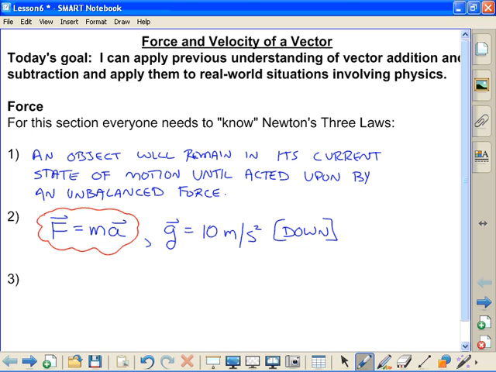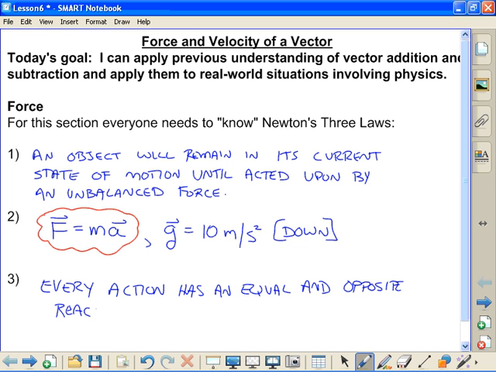And finally, every action has an equal and opposite reaction. So you can think of it in terms of a fight. Go to the principal's office.